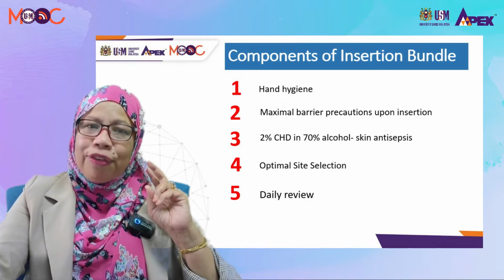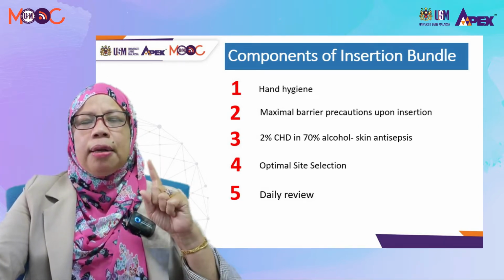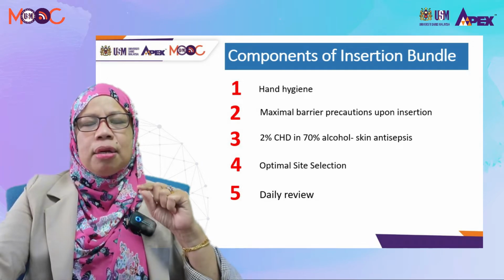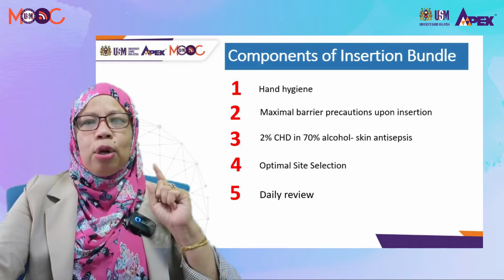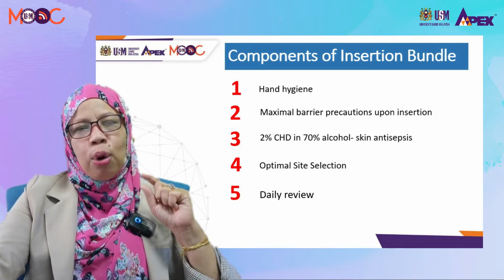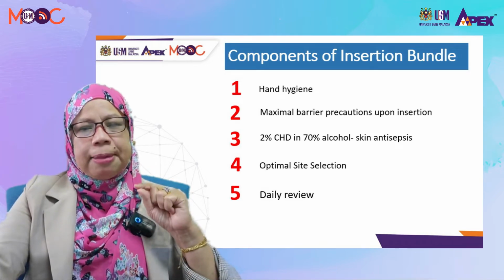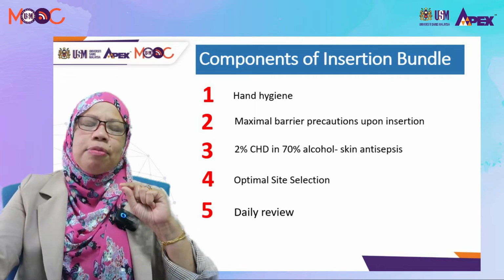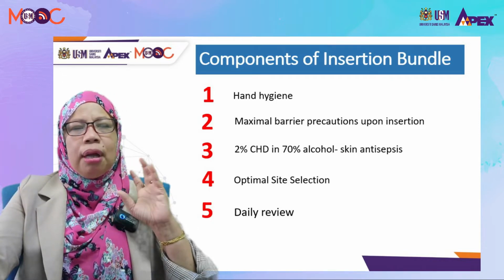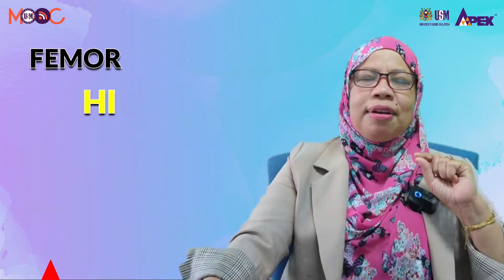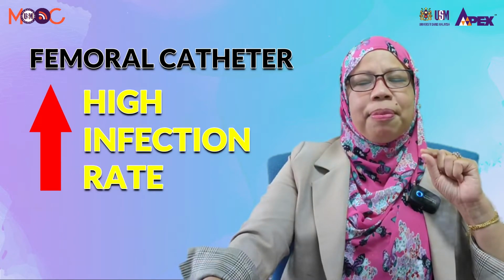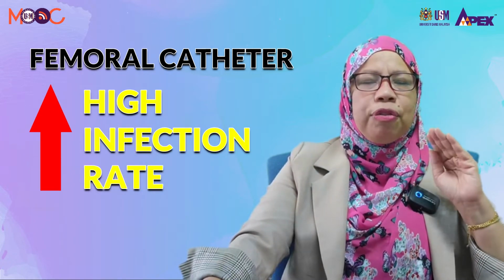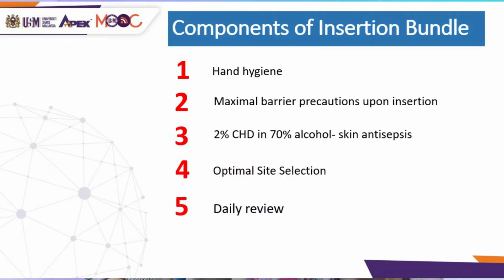For central venous catheter insertion, we advise the usage of 2% chlorhexidine in 70% alcohol as skin antisepsis. Number 4, optimal site selection. Most of the time we advise not to insert a femoral catheter, because it is associated with a very high infection rate. And finally, number 5, daily review of catheter needs.